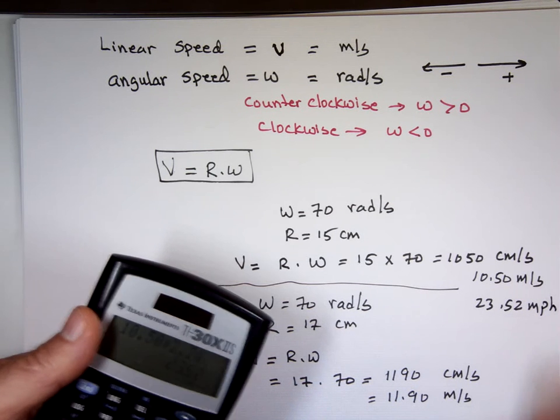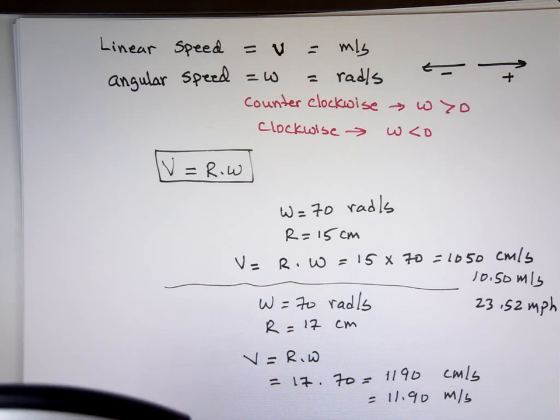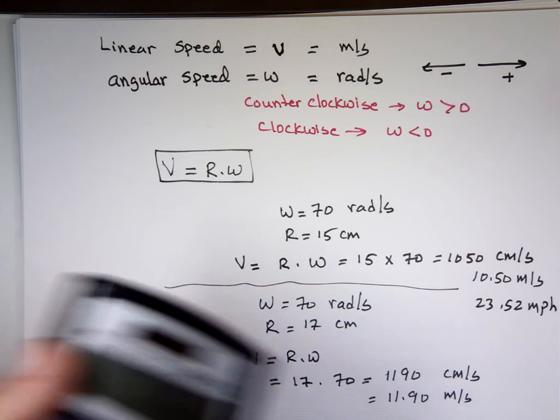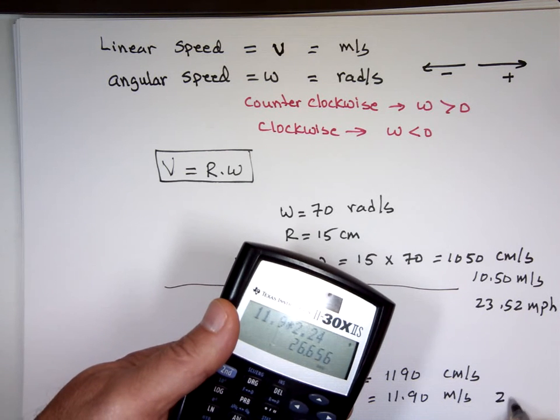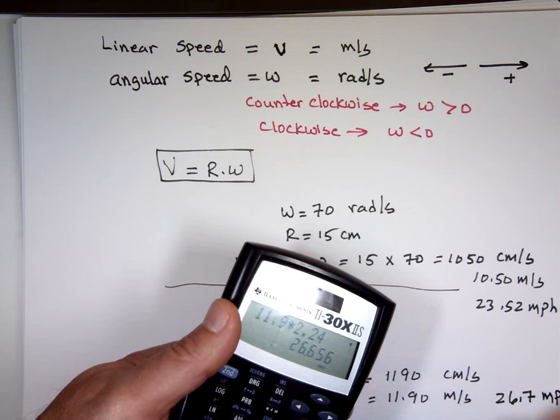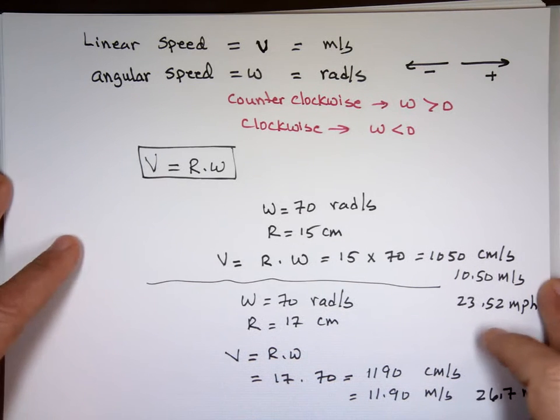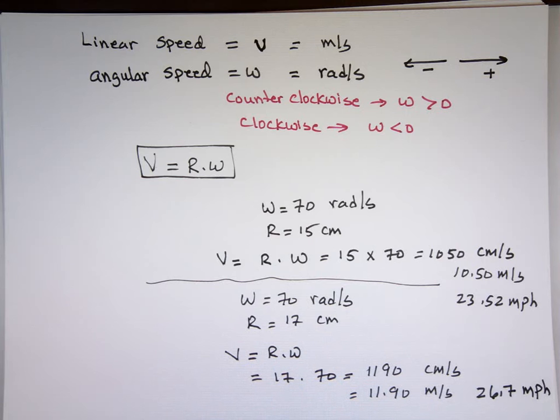It went to 11.9 times 2.24. It went to what? 26.7 miles per hour. So by just keeping W the same, just increasing the radius by a few centimeters, my speed is 3-4 miles per hour faster than when I was going.